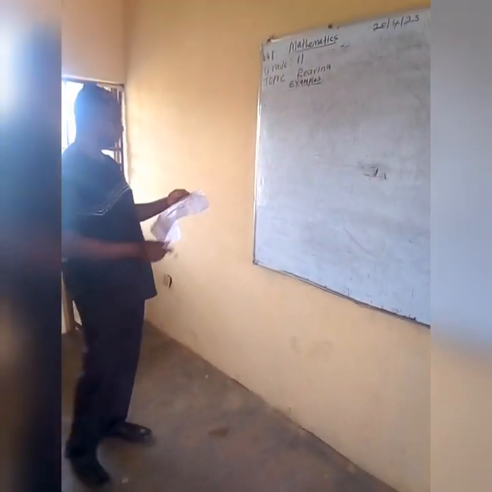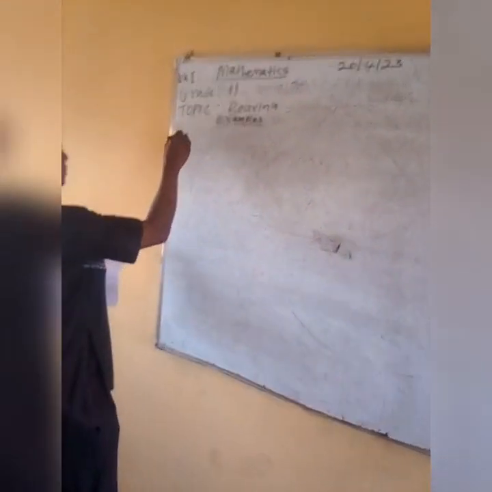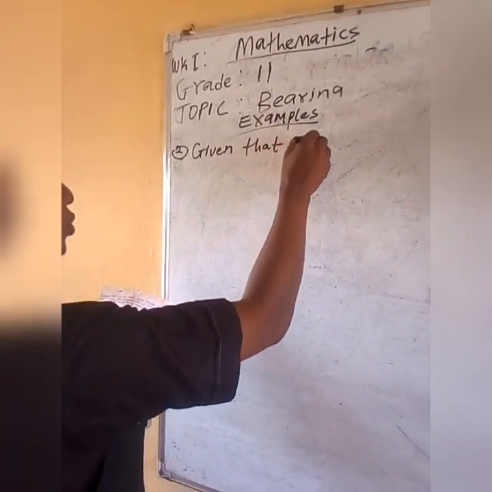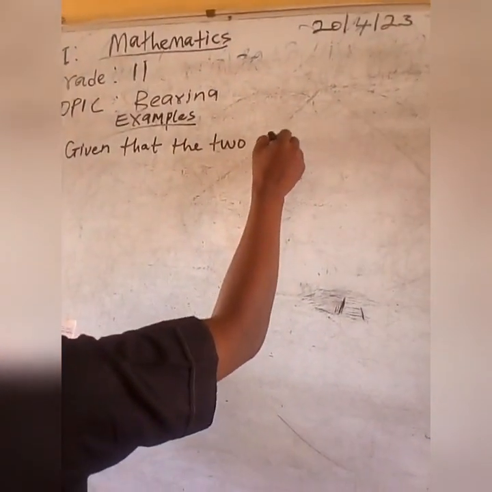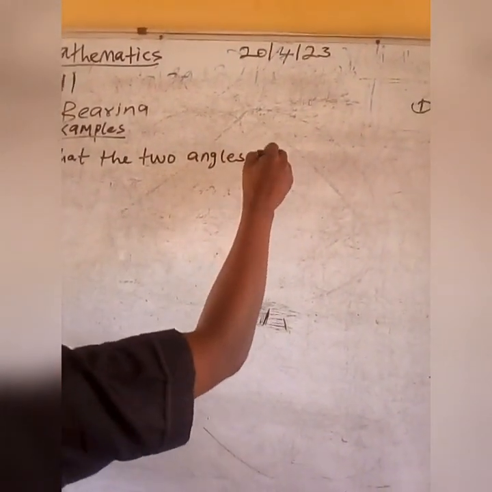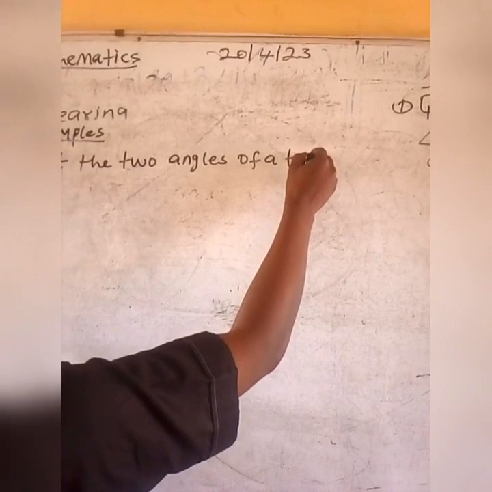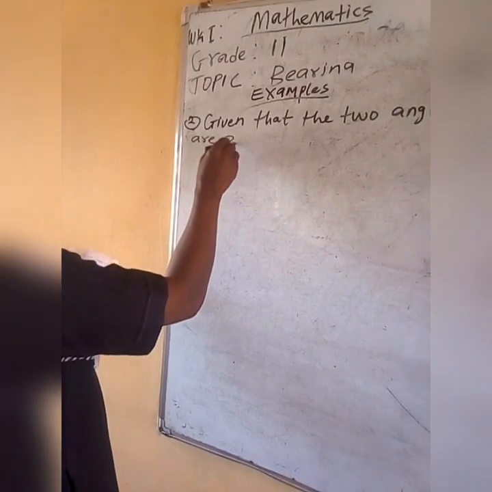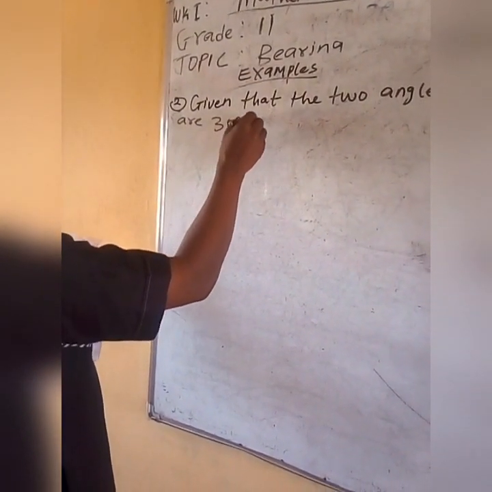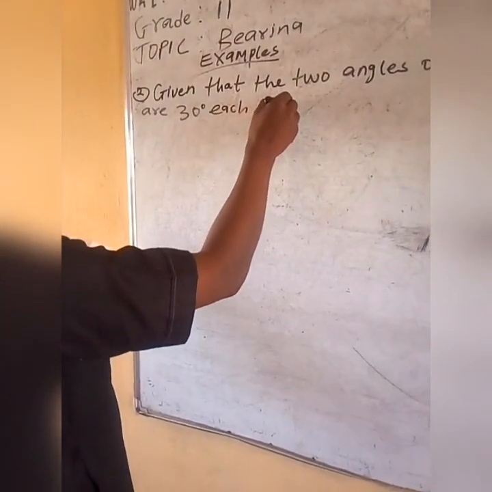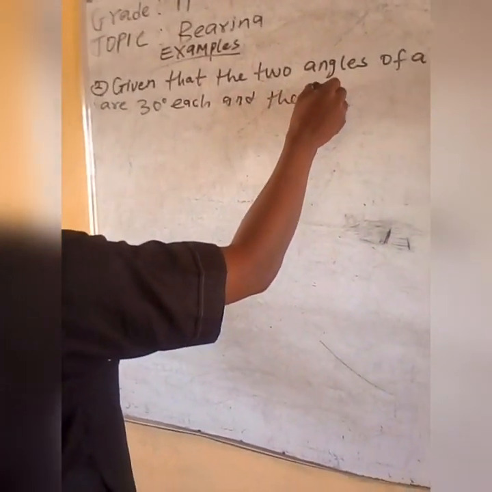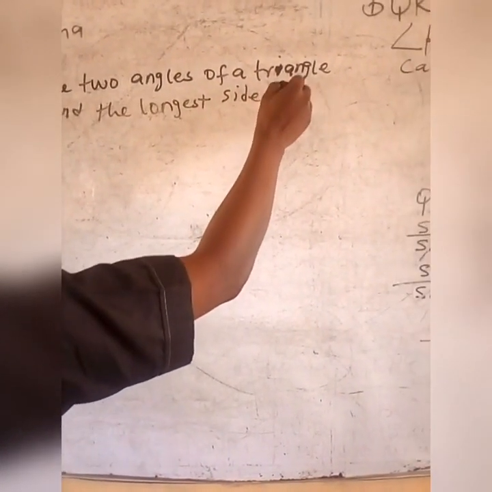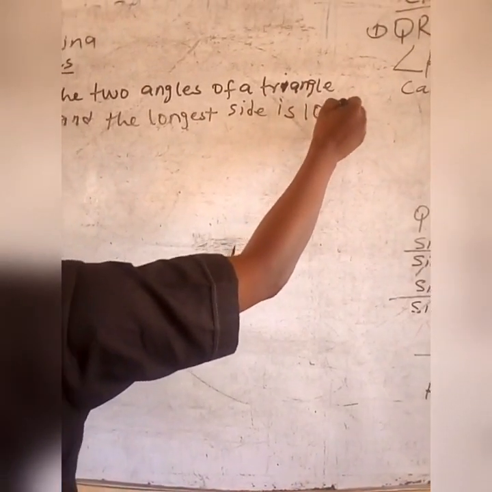Number 2 example. Look at the number 2 example. Given that two angles of a triangle are 30 degrees each, and the longest side is 10 cm.